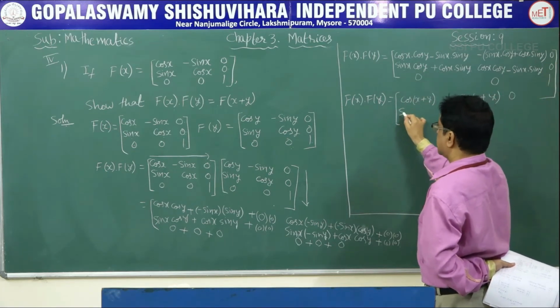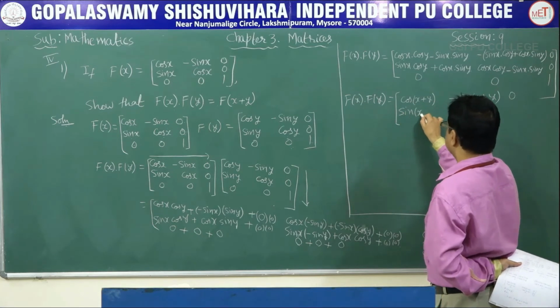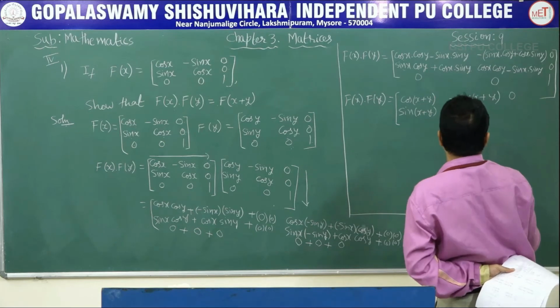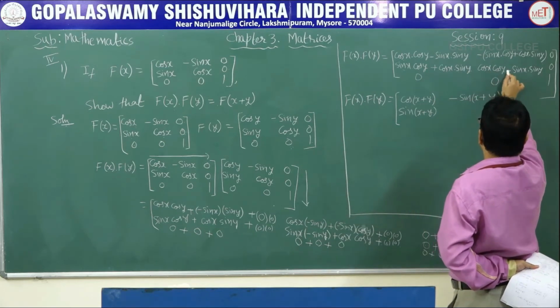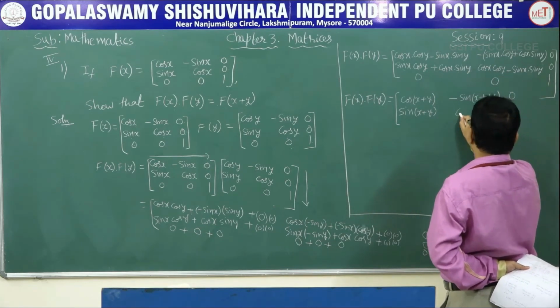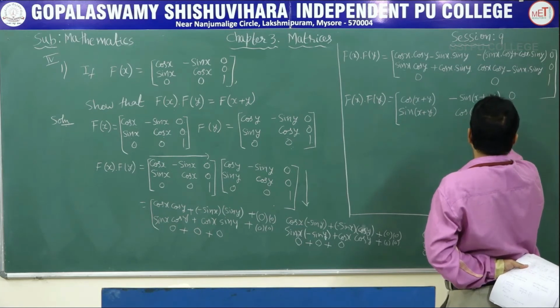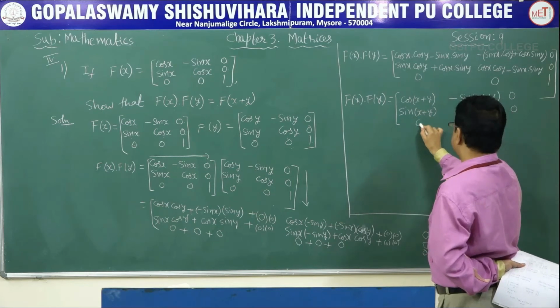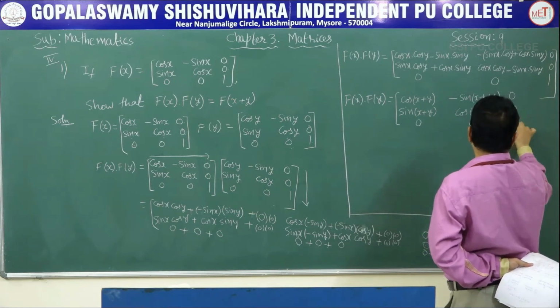This is sin of x plus y because sin x into cos y plus cos x into sin y. Cos x into cos y minus sin x into sin y, we have cos of x plus y, 0. And this is 0, 0, 1.